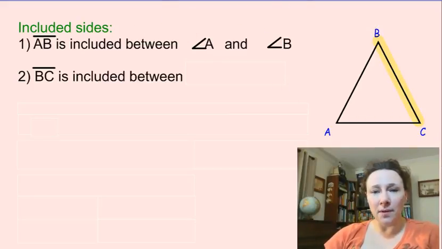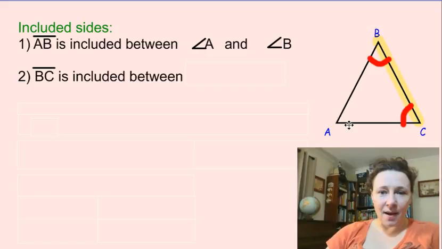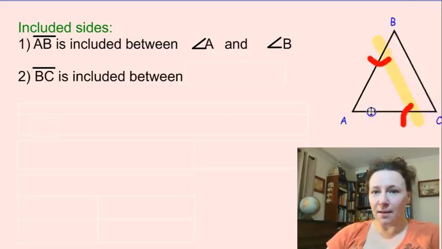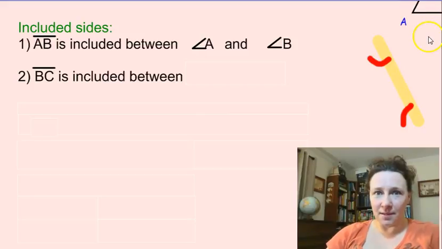And we remember when the side is given, we're working with angles, right? So we're talking about angle B and angle C. Again, notice that included elements literally are sitting on our side.